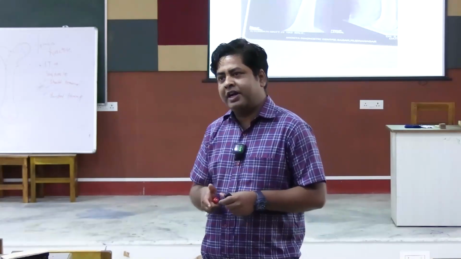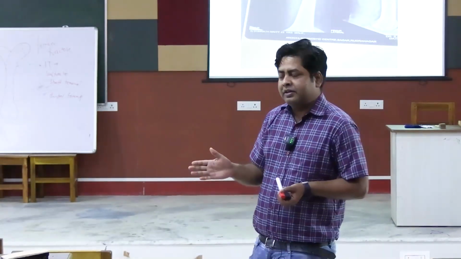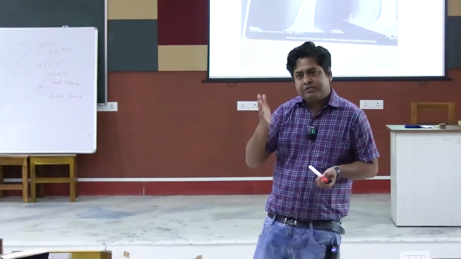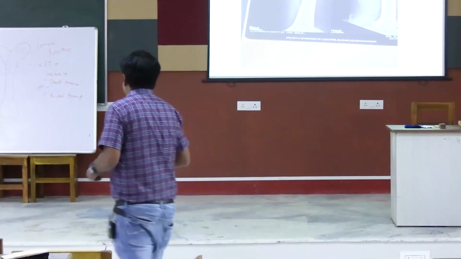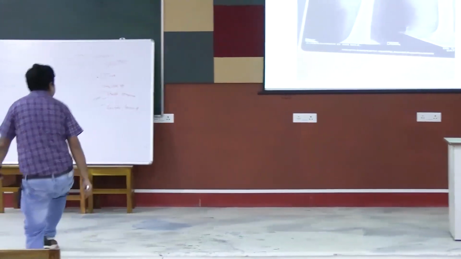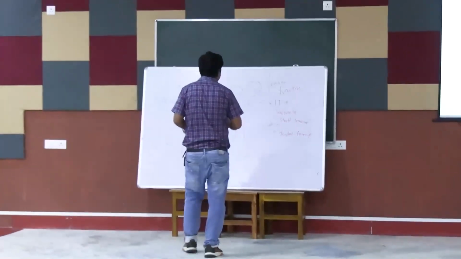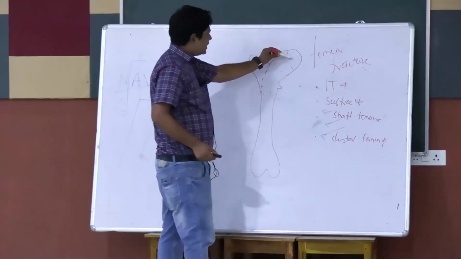So first start with the anatomy. I always prefer to learn from the preclinics to paraclinics to clinics. So this is the anatomical structure of the bone, femur bone. What is the name of that part?